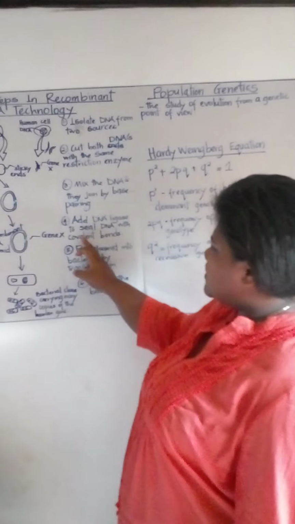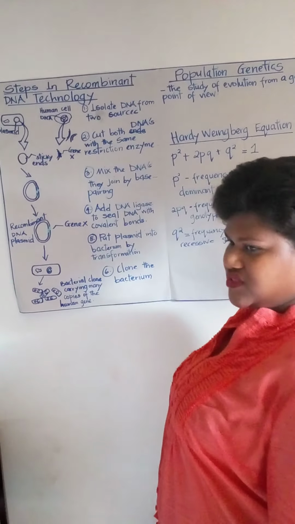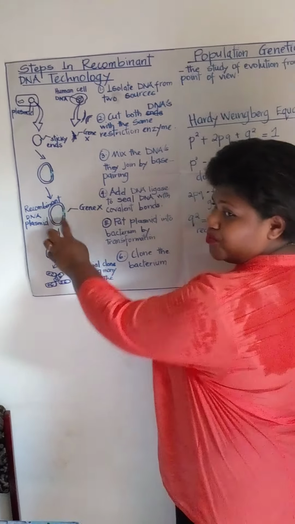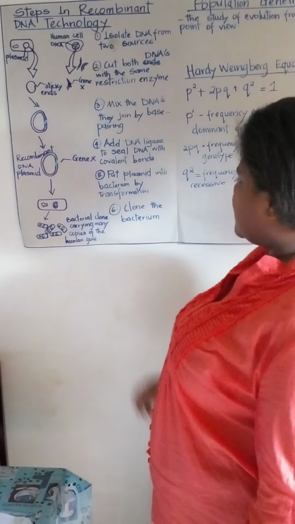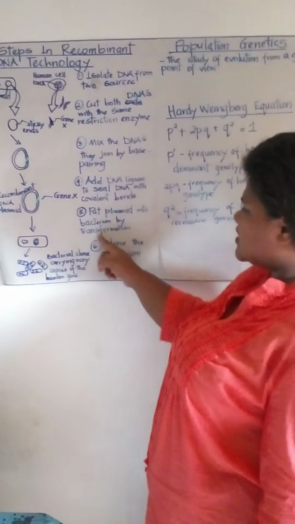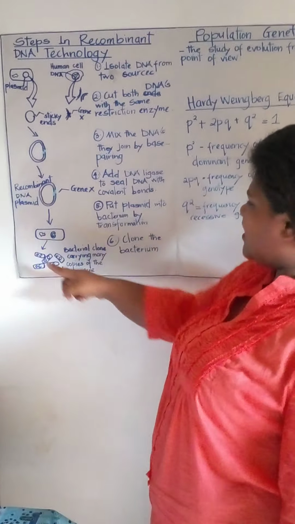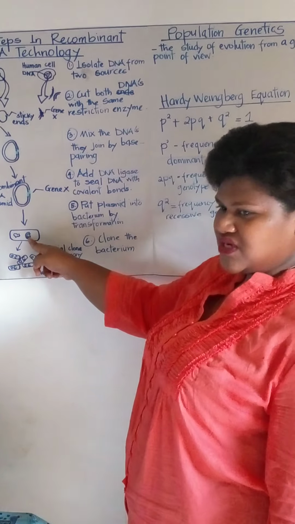Then the fourth step is add DNA ligase to seal the DNA with covalent bonds. This is the DNA ligase which seals that open part in the DNA. Then the fifth part is put plasmid into bacterium by transformation. So this is the bacterium, it's been put together with the plasmid.